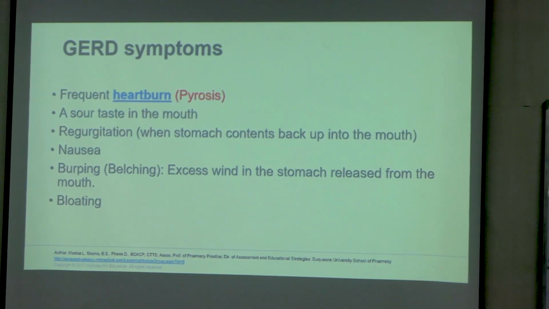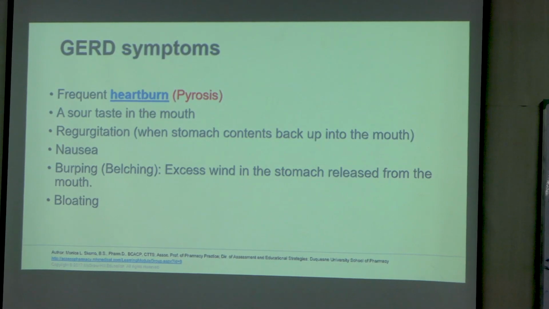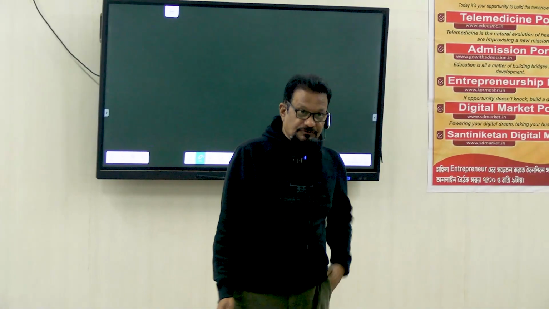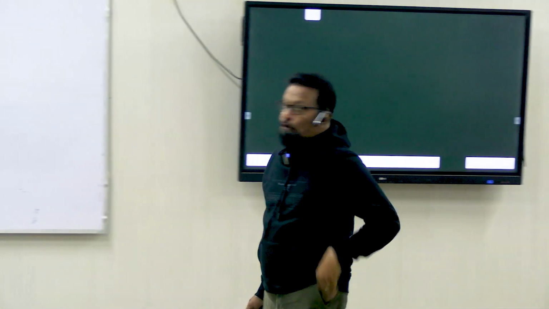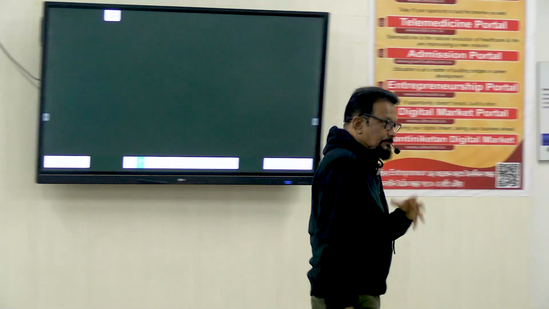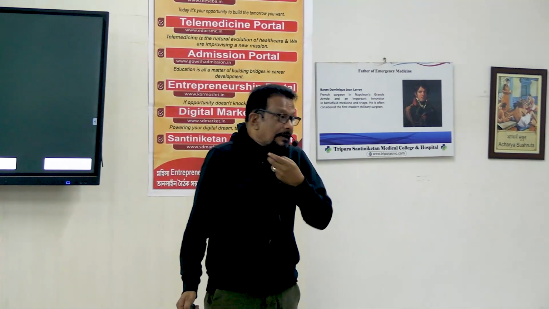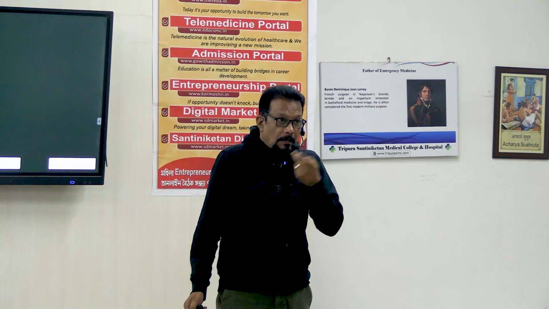Symptoms. What are the symptoms? Heartburn, which is also called pyrosis. So you remember this: heartburn, the medical term is pyrosis. And a sour taste because of acidity, when it comes up into the mouth.